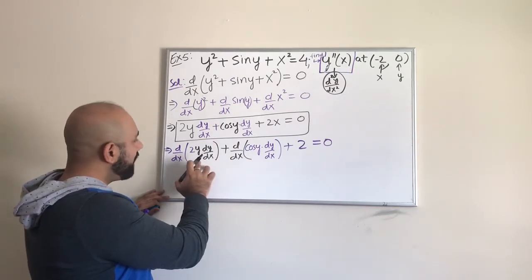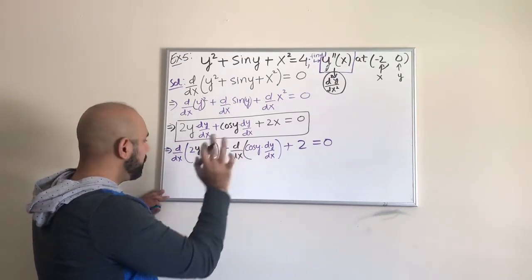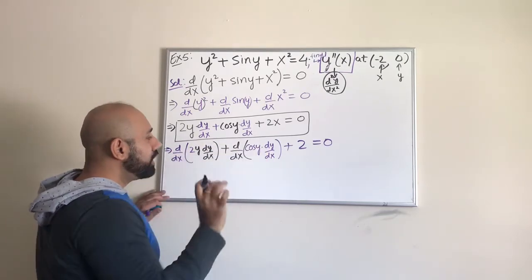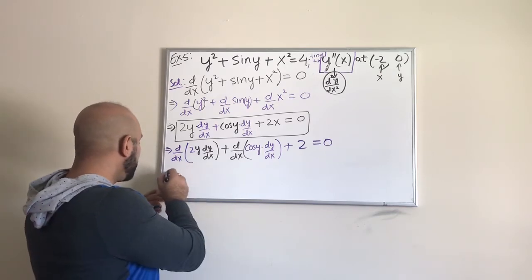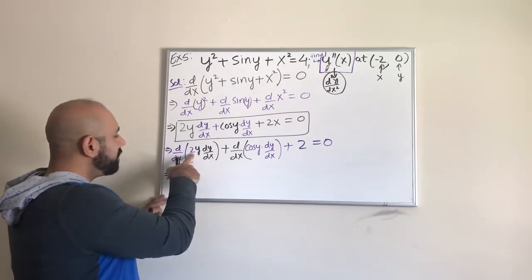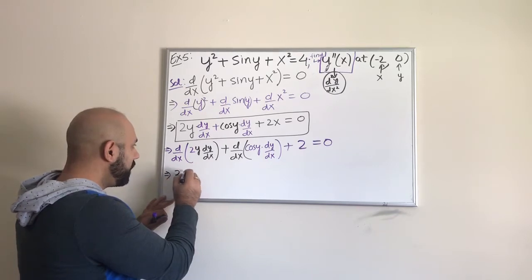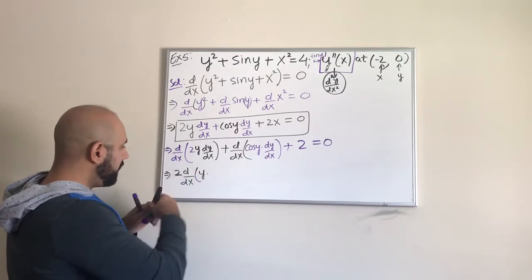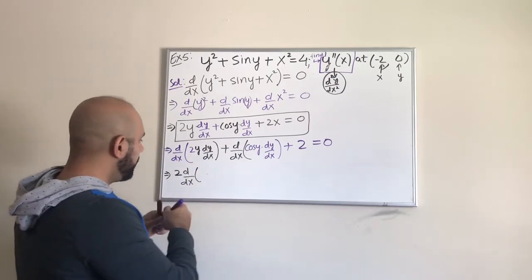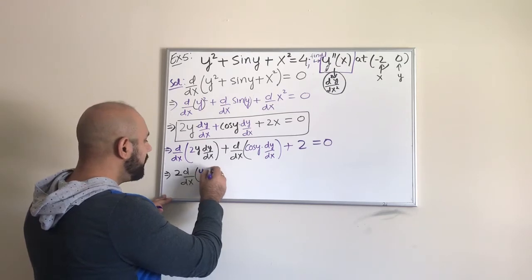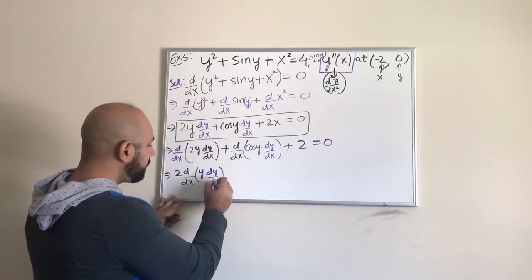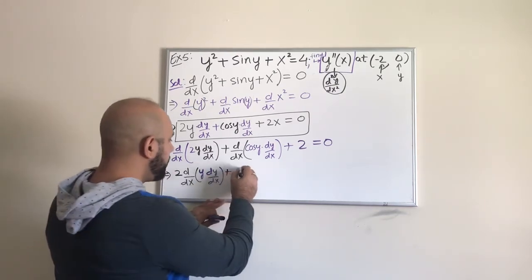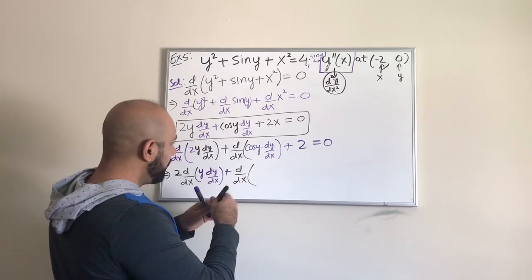Guys, with this one, again, we have a product of 2, again a product of 2. So let us apply the derivative on these two carefully, step by step. The first thing that I'm going to do is take out this 2. So if I take out this 2, it's going to be d over dx of y times dy over dx. I'm going to use a different color for these inside the parentheses. And then plus d over dx, this one I'm just rewriting it.